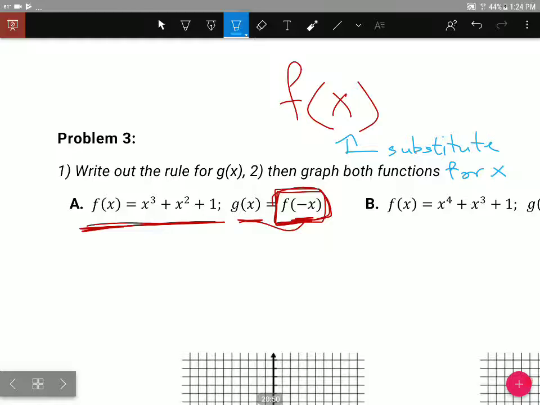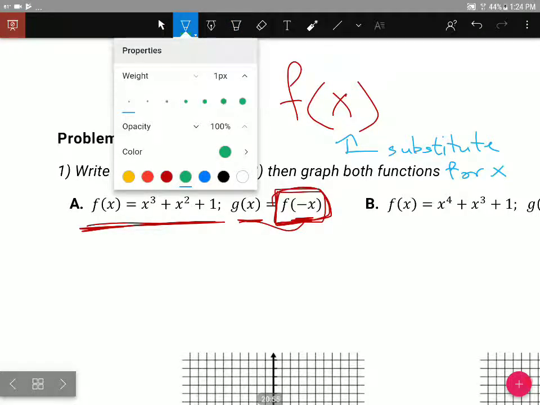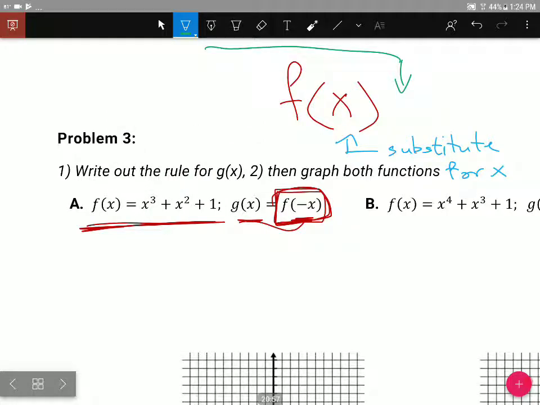Anything on the outside, let's do green. Anything added on the outside or anything multiplied on the outside literally happens on the outside of the equation. What do you mean by sub for x? Substitute, I mean, instead of an x there, we're going to write whatever is in this space. So here we go. Anything inside, we're going to substitute out for x. It's kind of like it works it right from the inside.